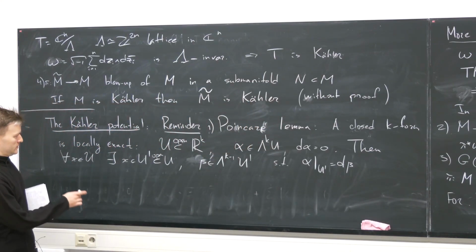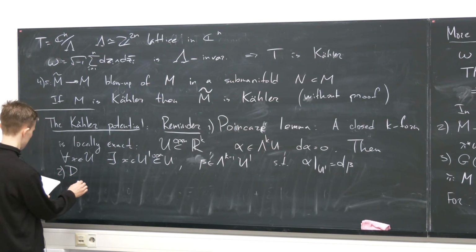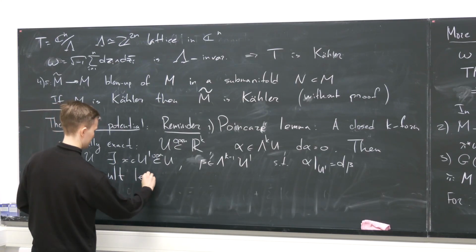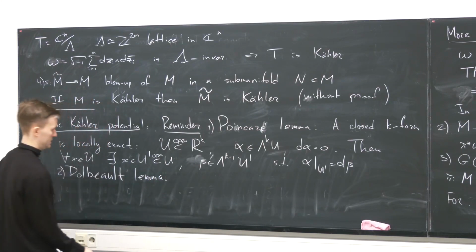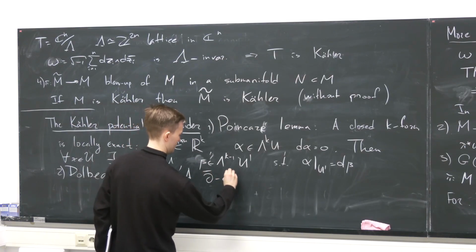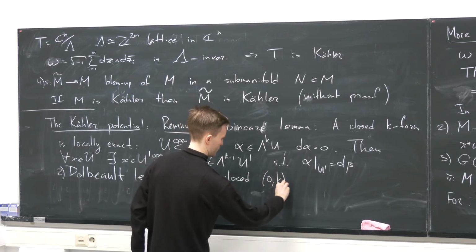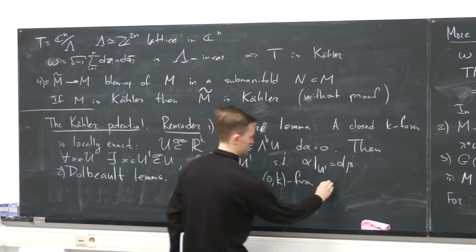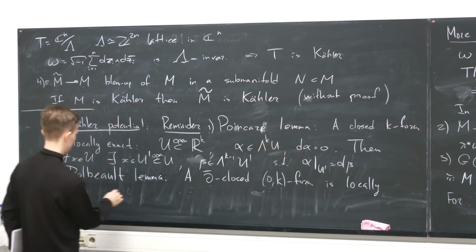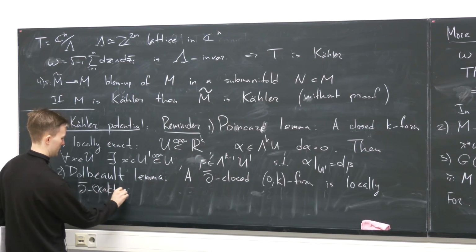And there is also a holomorphic version of this called the Dolbeault lemma, which says that a ∂̄-closed (0,k)-form is locally ∂̄-exact.